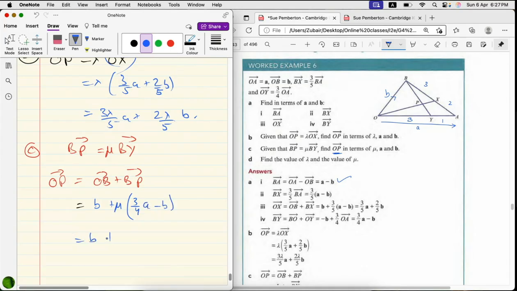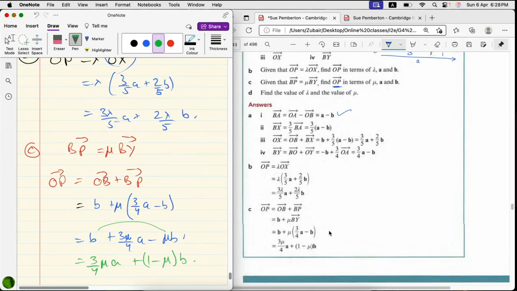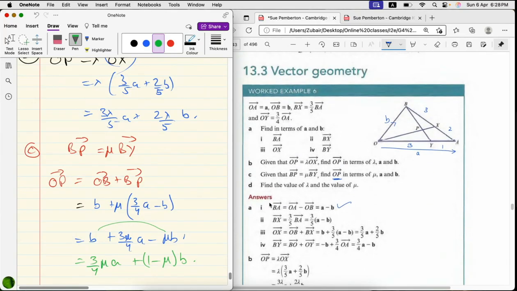So b plus 3 mu over 4 a minus mu b, and we can collect the like terms. 3 by 4 mu a, and when we take out b as common, this will give me (1 minus mu) into b. Find the value of lambda and the value of mu.